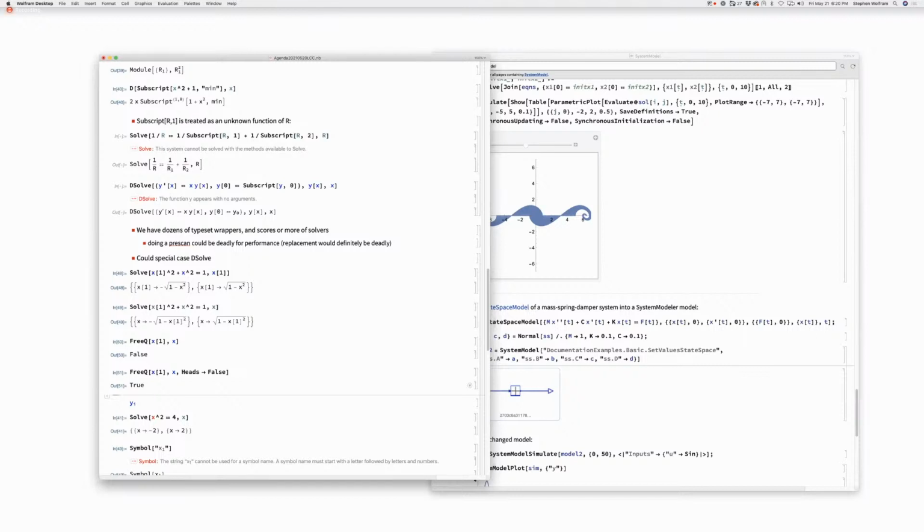Does block work with X sub 1 right now? I think it does. No, it requires symbols. Okay, why is block any different? Because it's assigning values. I see, it's assigning values. Yeah, that's complicated.